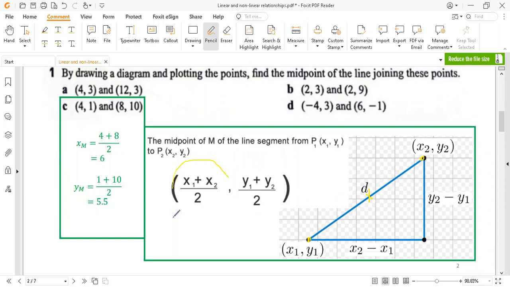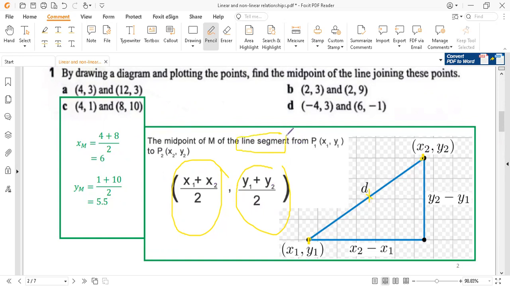The abscissa of the midpoint is the average of the abscissas of the extremities of the line. Okay, and also the ordinate is the average, y1 plus y2 over 2. So it is easy to find the coordinates of the midpoint of a line segment.